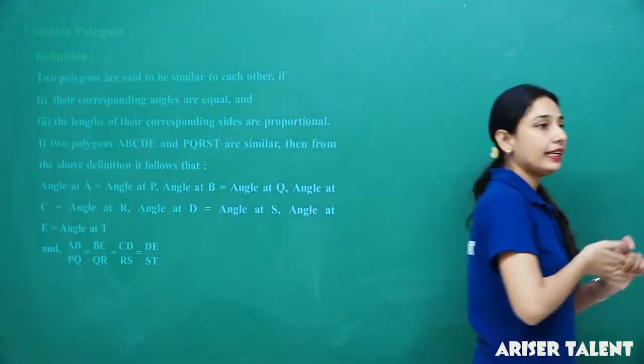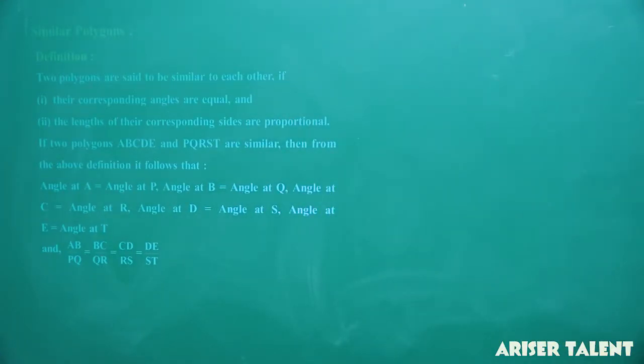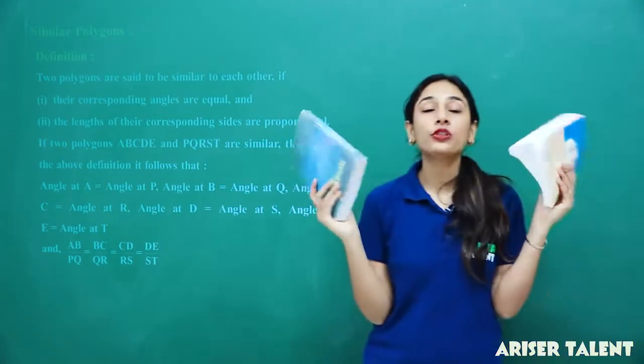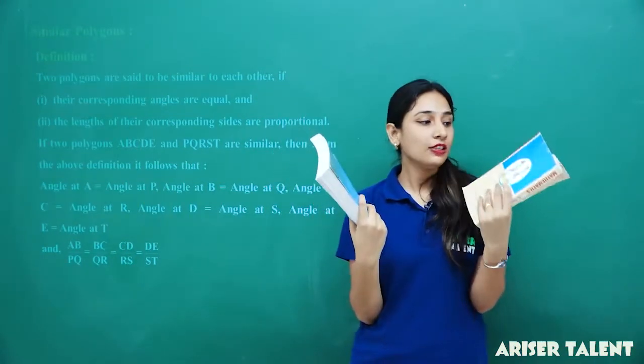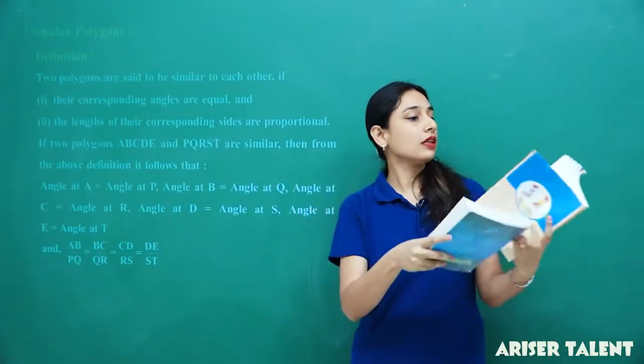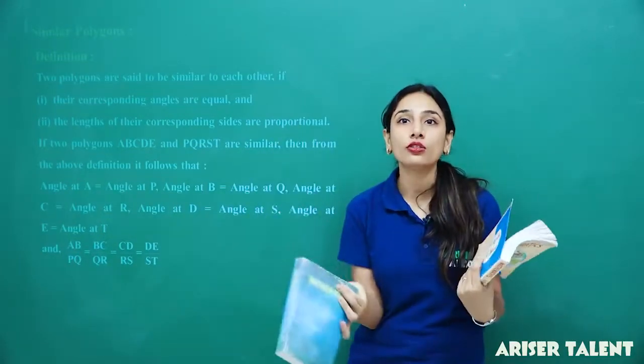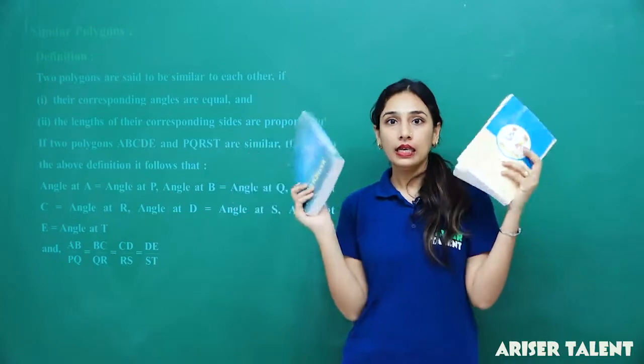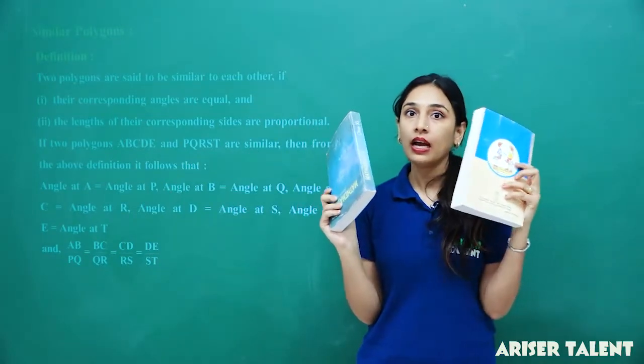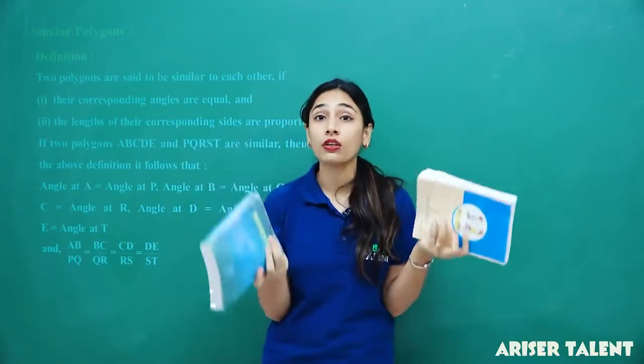So, let me confuse you. I'm having these two textbooks here. Now, assuming that its color is black and its color is also black, they are similar, right? Aren't they? No, they are not.